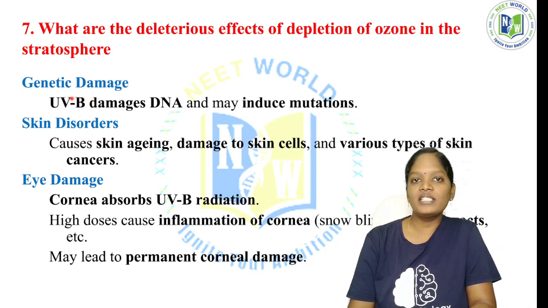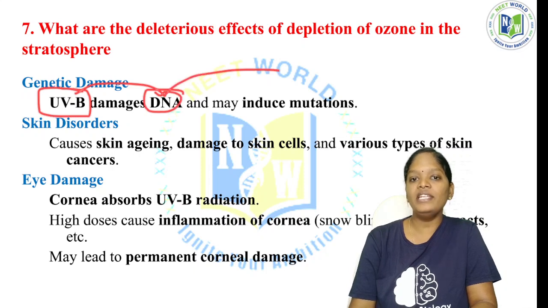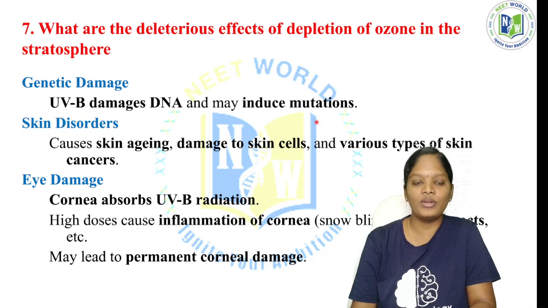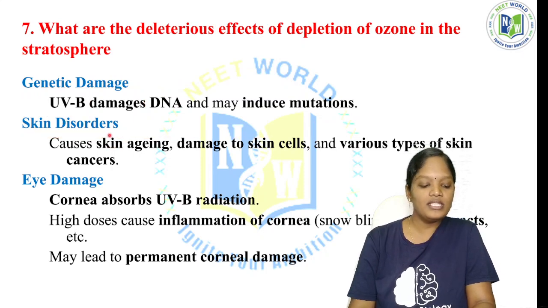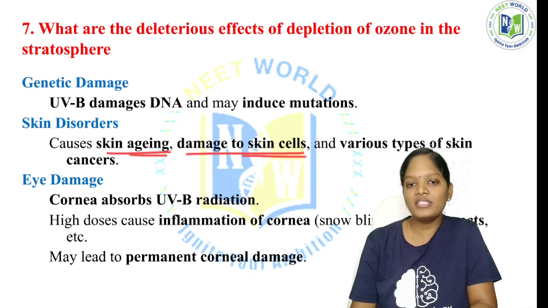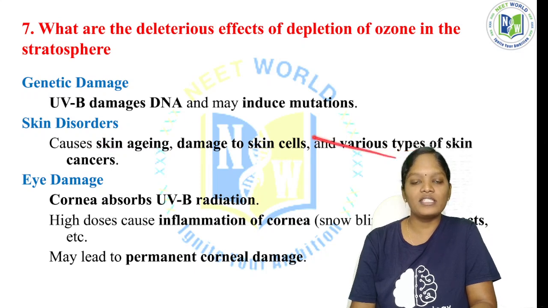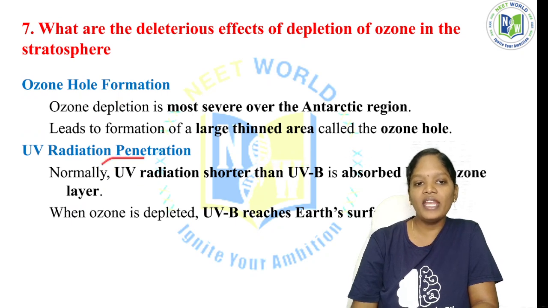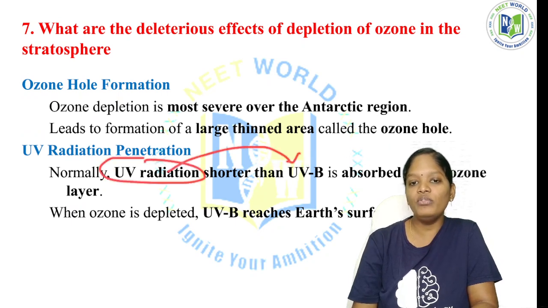This UVB is going to damage the DNA and induce many mutations. It is very carcinogenic. It results in skin disorders. It causes skin aging, damages the skin cells, and also results in various types of skin cancers.